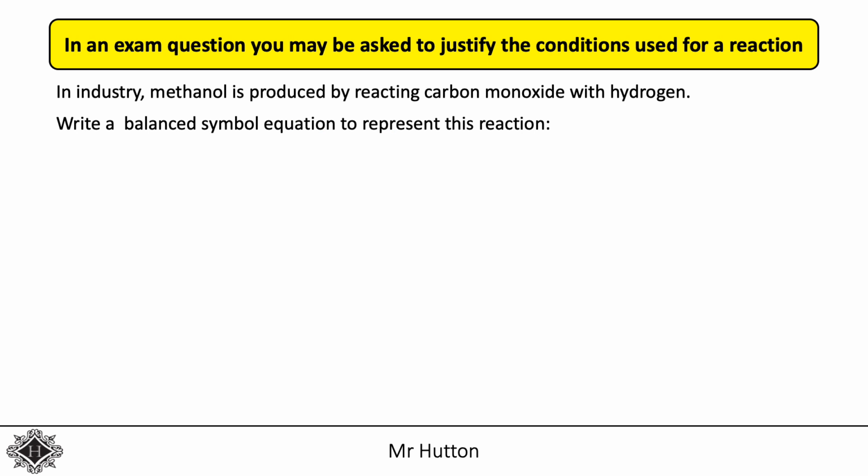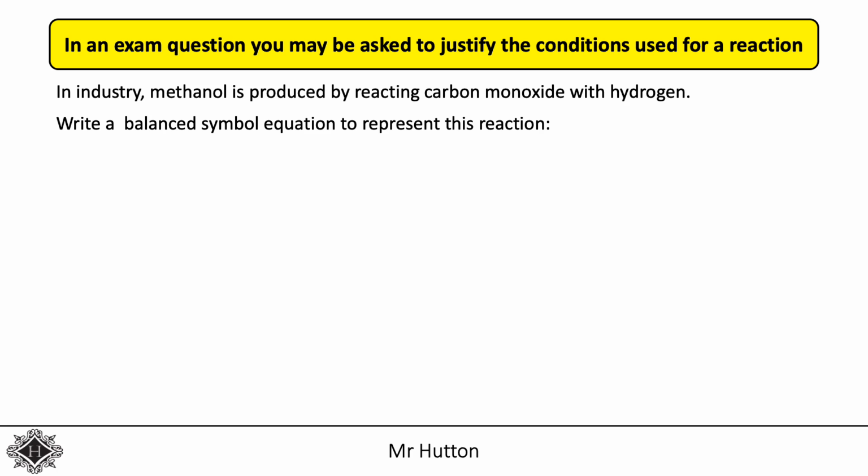So in an exam, you may be asked to justify the conditions that you use for a reaction. You more than likely will be. So we've got an example here. In industry, methanol is produced by reacting carbon monoxide with hydrogen. So I want you to write a balanced symbol equation to represent this reaction. First of all, you might need to go and find out what the formula for methanol is.